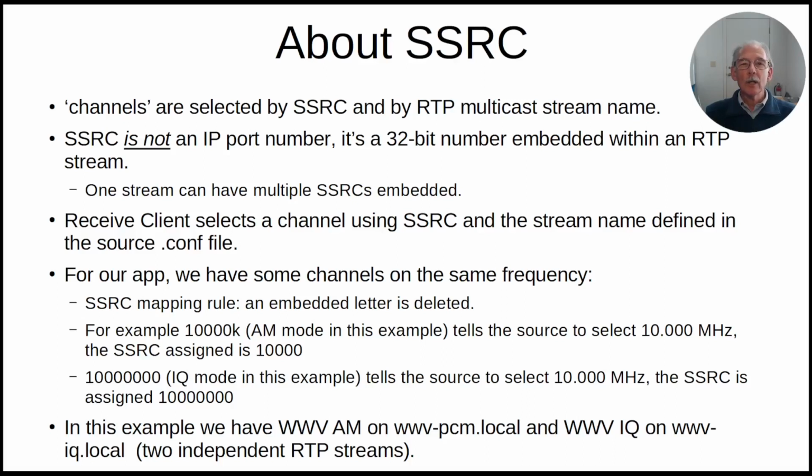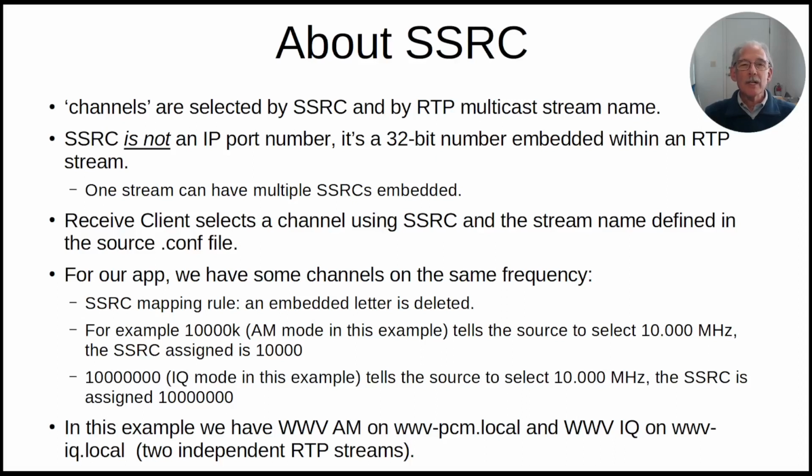The receive client selects which channel it wants by using the SSRC to identify the channel and using the multicast stream name. So for our application, we happen to have some channels on the same frequency, and that's okay. We have different demodulators demodulating the same channels, and there's no conflict in doing that.